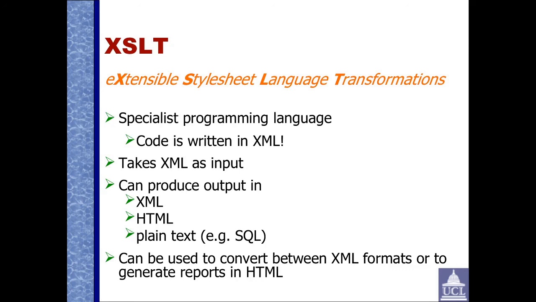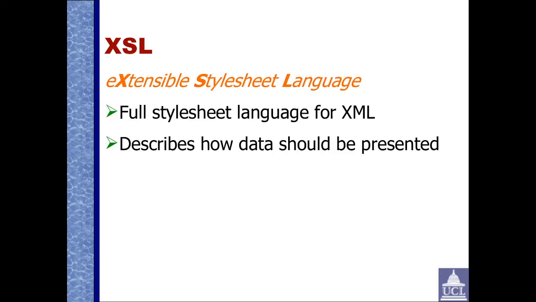So the way that we do this is to generate an XML file for each of the PDB files. We then concatenate those together into one big file, and then we use XSLT to extract the required information as a report in HTML.